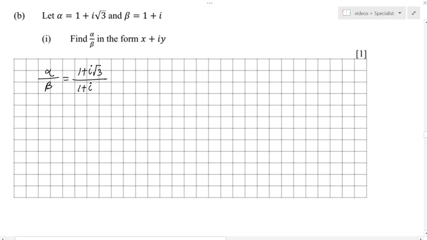Again, to write it in the form x plus iy, we multiply with the conjugate of the denominator, and I'll quickly write here without spending much time.